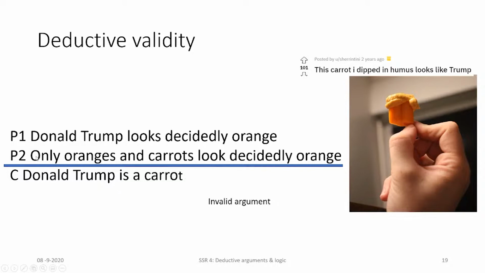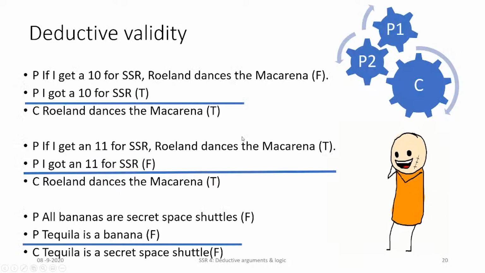Because we know if premise 2 were true and premise 1 is true, so we know he looks orange, and we know that it's either an orange or a carrot, then we know that he is a carrot or an orange. We don't know for sure that he is a carrot, so that would make it invalid.